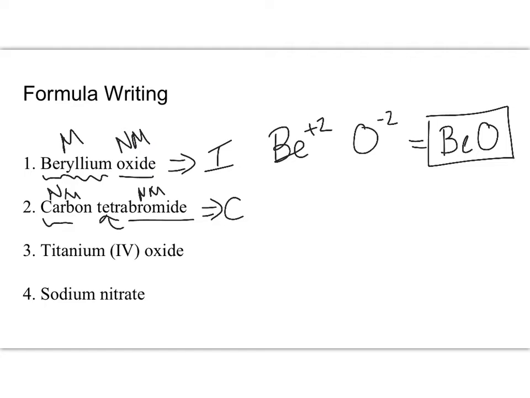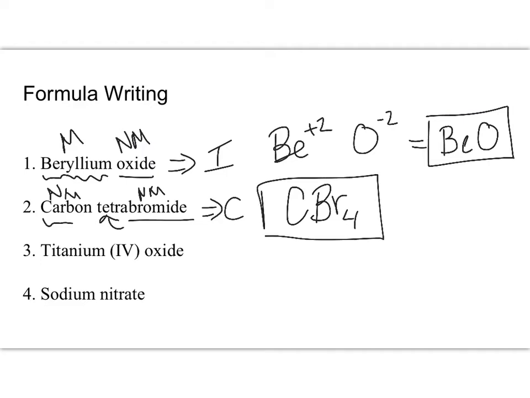The only time we're going to have prefixes is when we're dealing with covalent compounds. So this one, we're going to just write the formula based on what we're given here. Carbon without a prefix means I just have one carbon. Bromide is my second element, or bromine. And tetra means I have 4, so CBr4 is my formula for number 2.